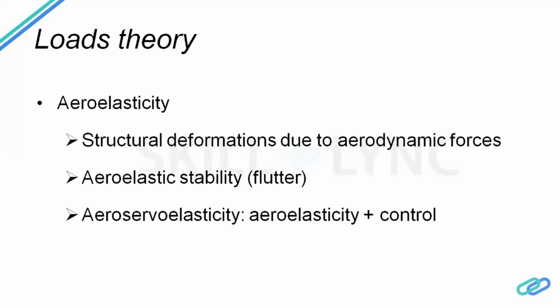Inside dynamic aeroelasticity, we also have aeroservoelasticity. That is aeroelasticity plus the control of the aircraft, and the control surfaces are involved here. They may be automatically triggered to improve stability of the aircraft or to avoid instability.